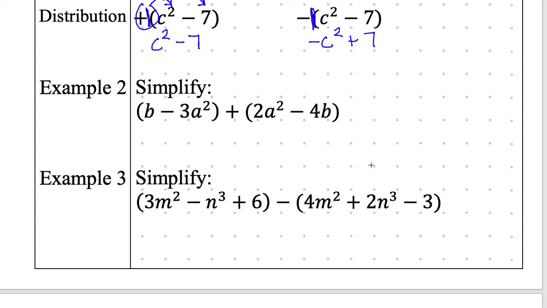Anna, tell us what to do. Okay, so tell me what to write. Everyone rewrite it. B minus 3a squared. That did not change. There's no distribution that happens.